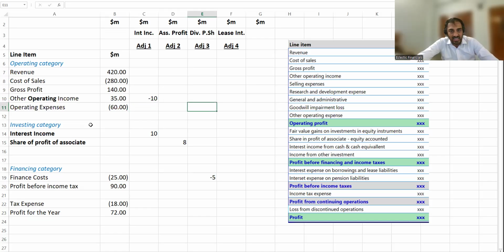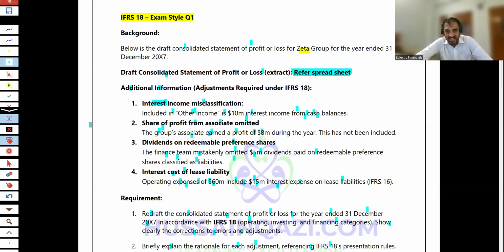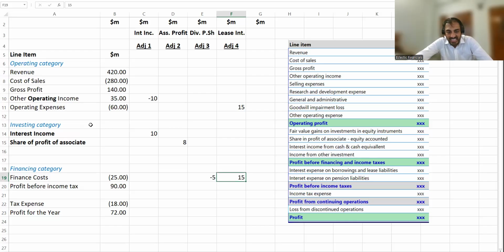That's 15. So minus 60, we have to withdraw the amount, so that should be plus. So 60 minus plus 15, automatically 15 is withdrawn from operating expense, and that should be part of interest. Yes, finance cost here 15. Same nature, the finance cost.